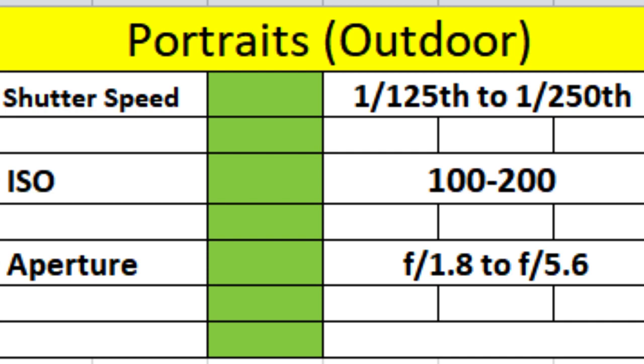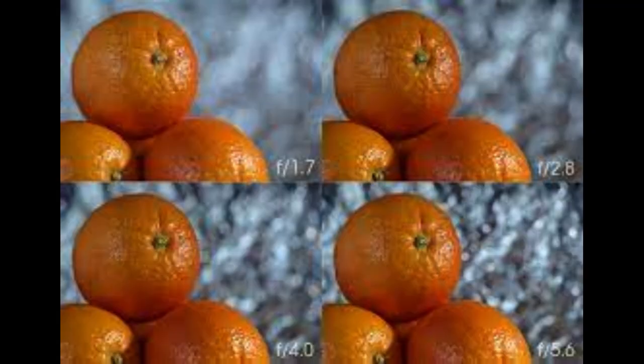ISO: Start around ISO 100 to 200 for optimal image quality. Adjust as needed based on lighting conditions. Aperture: Choose a wide aperture, smaller f-number, such as f/1.8 to f/5.6 for a shallow depth of field and to create a pleasing background blur, bokeh. Adjust as desired for the desired level of background blur and exposure.